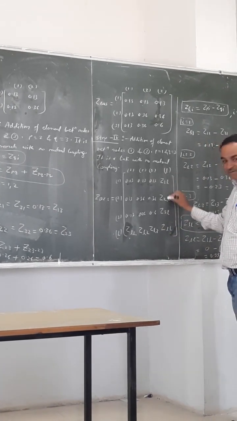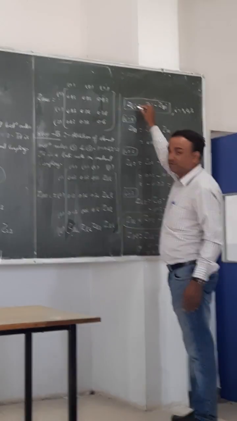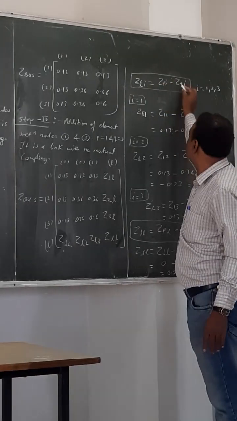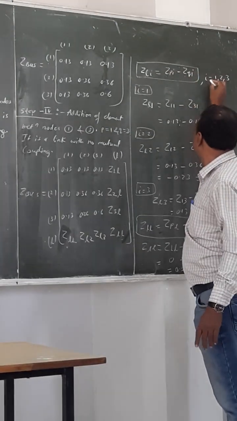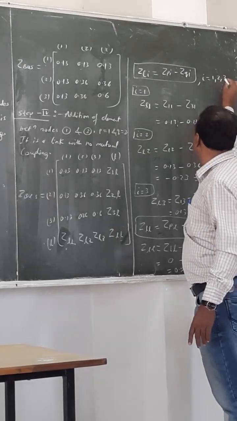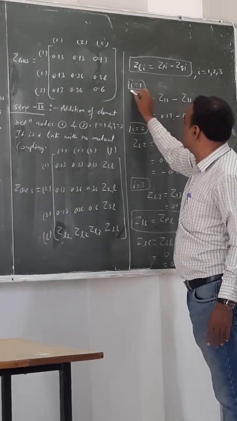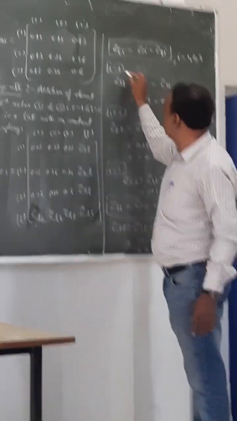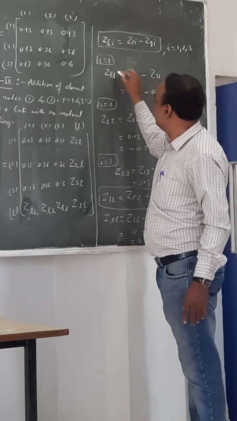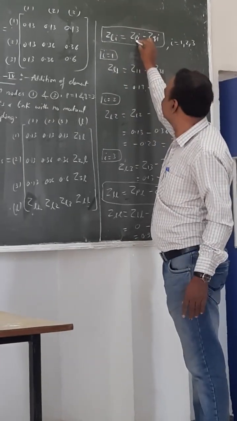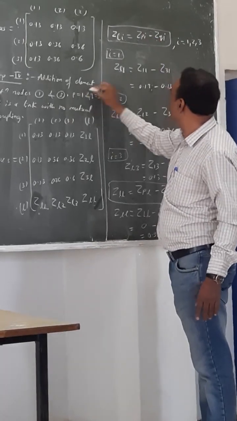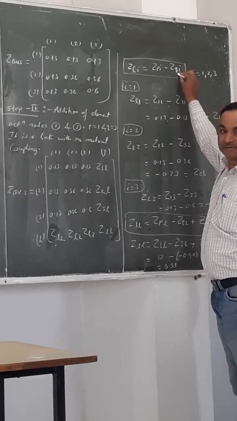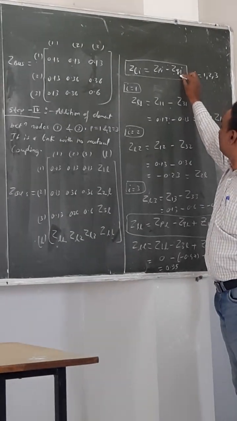Now we have to find out these values. For this, the formula used is ZLi equal to ZPi minus ZQi, where i equal to 1, 2, 3. Now i equal to 1. So put the value of i equal to 1. ZL1 equal to Z, what is the value of P? 1. So Z11 minus Z, what is the value of Q? 3.